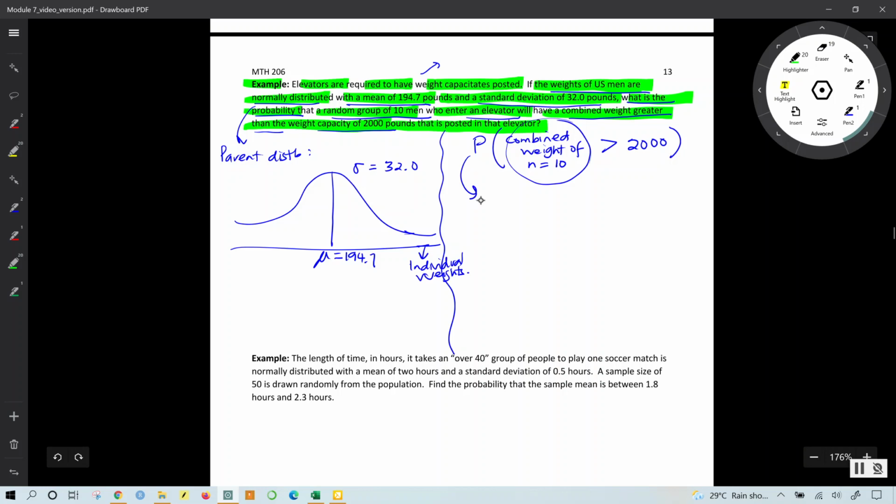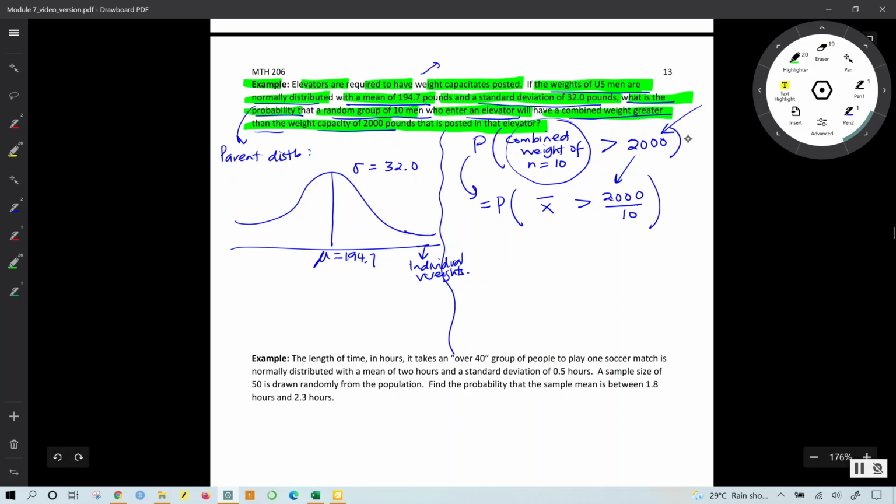So what we'll try to do is reconfigure this question in terms of the average weight of a typical man. We'll look at the probability that the average weight of one of the 10 guys is greater than, take note, if all 10 of them on average are going to meet this specification, 2,000 divided by 10 for one of them.